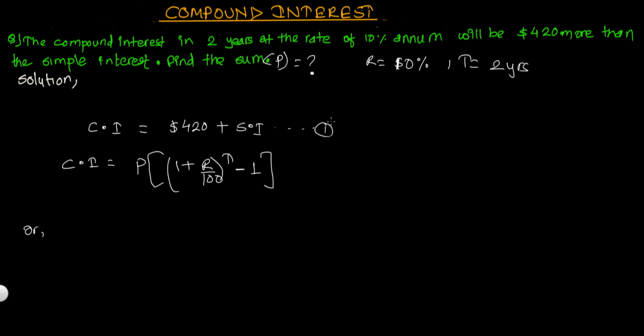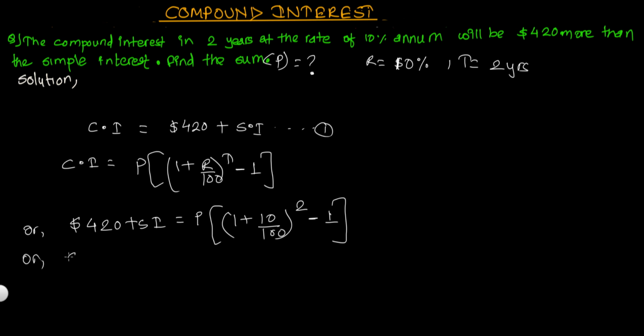But from equation 1, the value of compound interest in the time frame is 420 plus SI. Let me replace this CI with this amount, so $420 plus SI equals P[(1 + 10/100)^2 - 1].